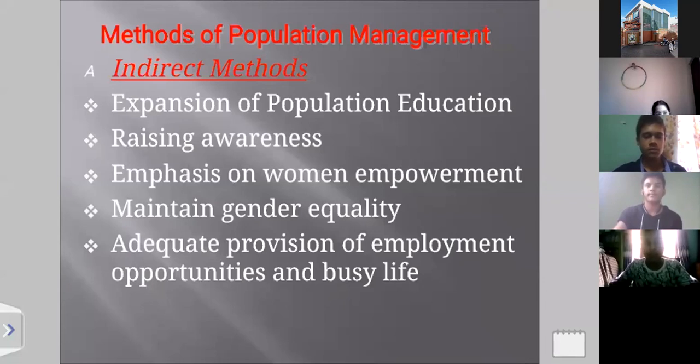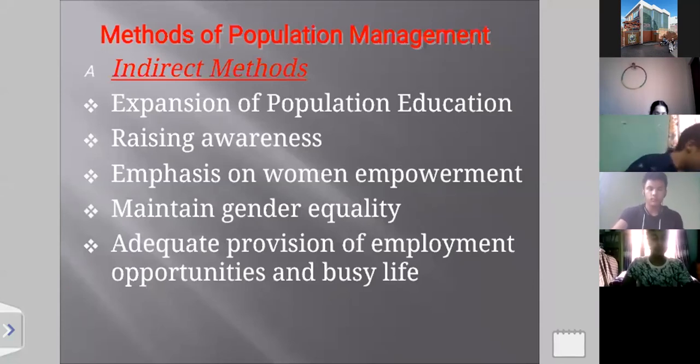So the busy life creates the knowledge of family planning, and family planning helps to manage the population. So adequate provision of employment opportunities and busy life is also one of the indirect methods of population management.